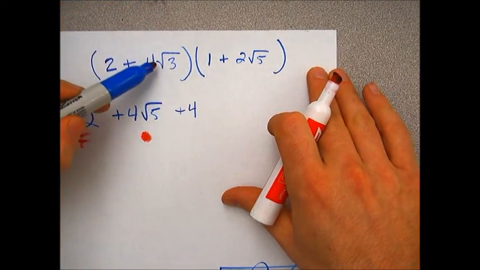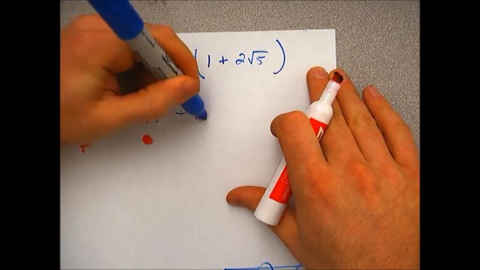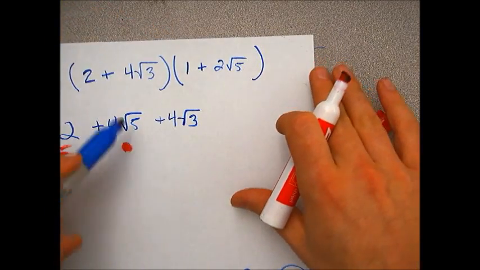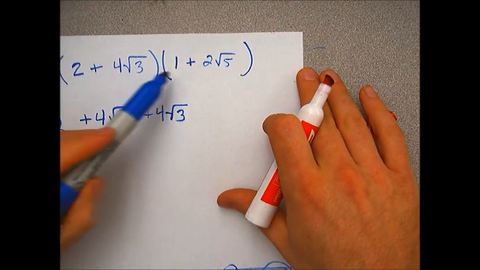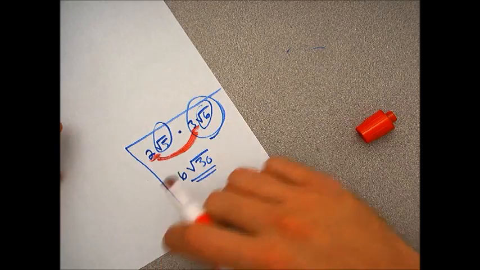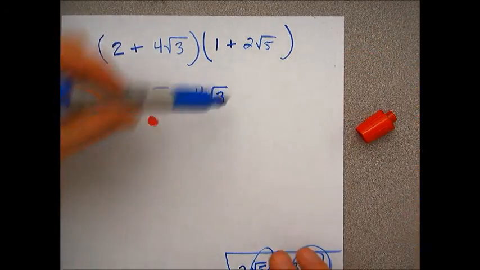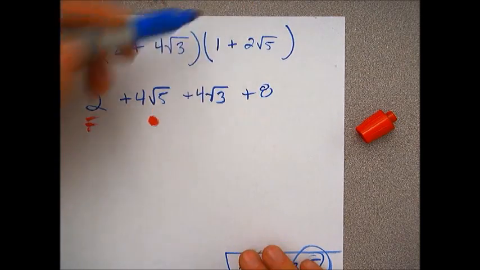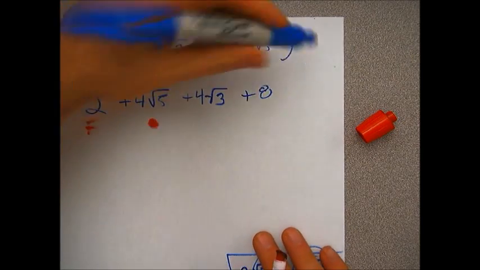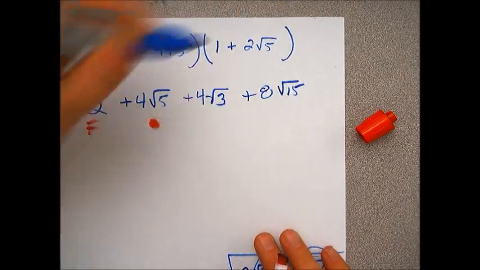There is no radical to go with it, so just bring the 3 along. And now last times last. This part here is where we're going to look at what we did down here. So 4 times 2 is an 8, and radical 3 times radical 5 is radical 15.